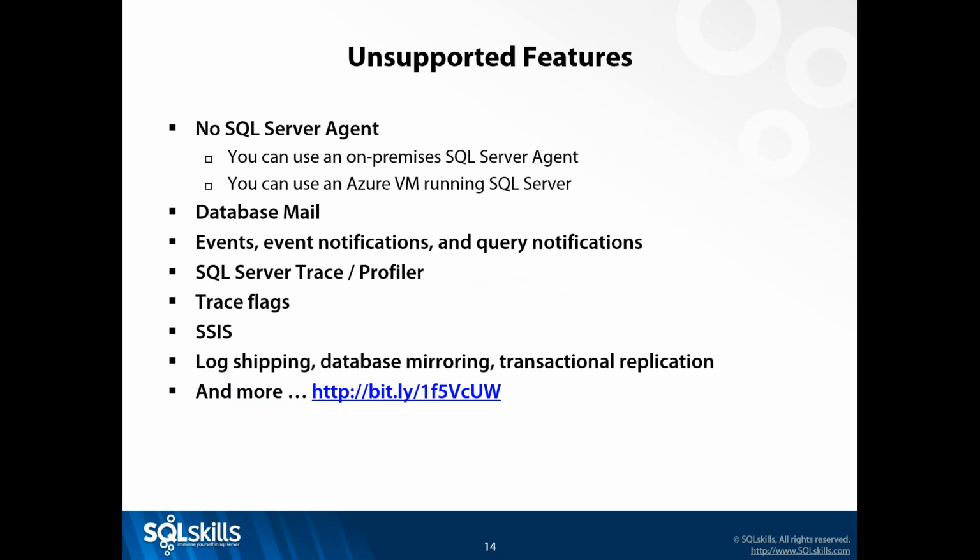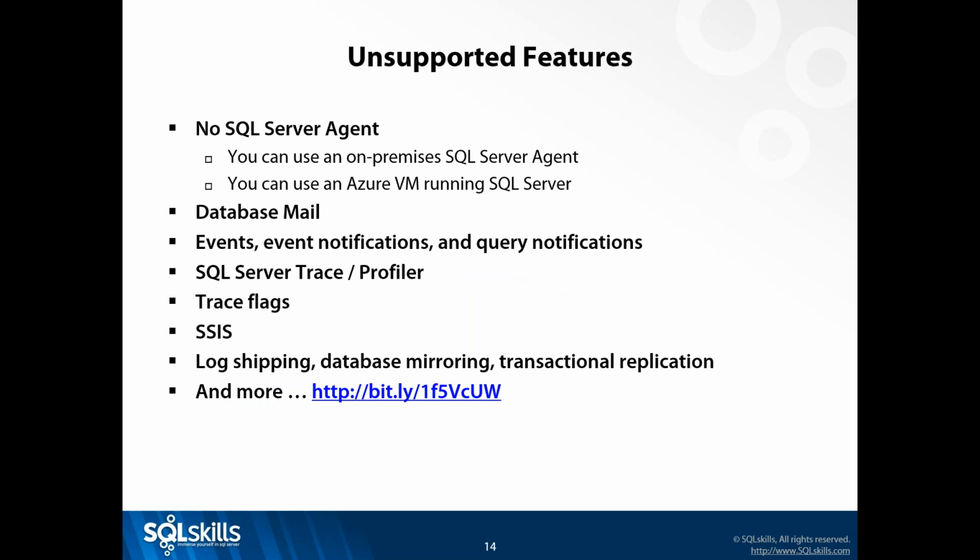So I talked a lot about supported features, and we have some really, really cool stuff. But what are some of the things that we're used to as production DBAs that we're going to miss or that we can't do with Azure SQL Database? And the biggest thing that kind of slapped me in the face was there's no SQL Server Agent.